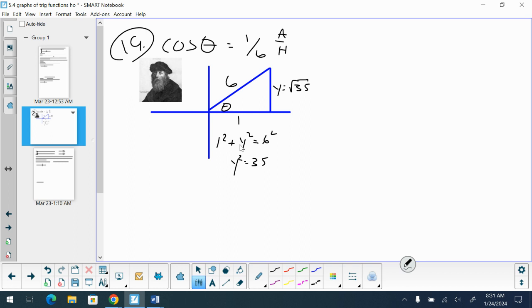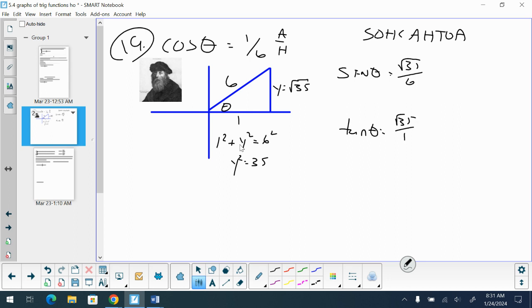then we can use our trigonometric ratios. Sine theta is opposite over hypotenuse, cosine we were given, tangent is the square root of 35.